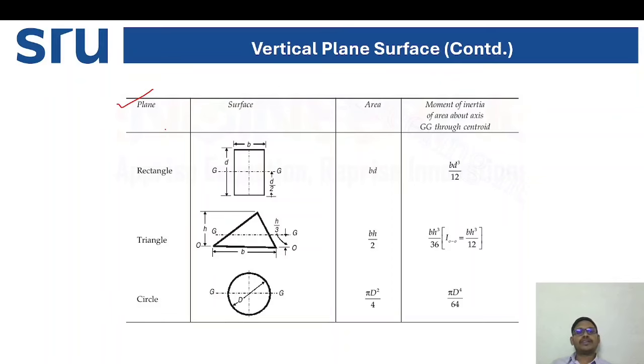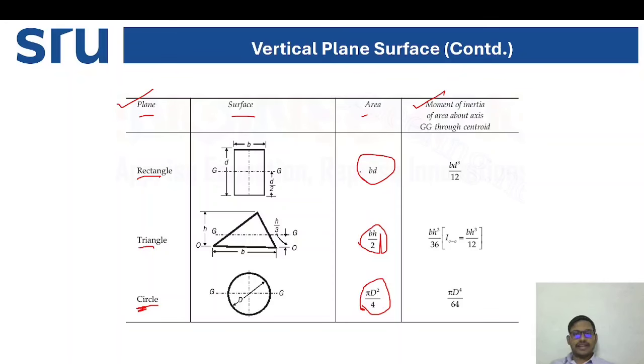For vertical plane surfaces, some of the things we need are plane surface area and moment of inertia, because we are discussing moment of inertia for the rectangle, triangle and circle.